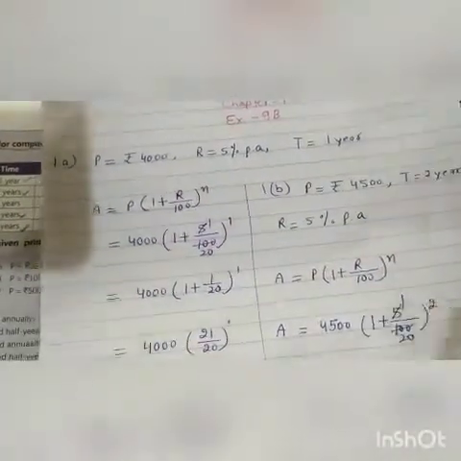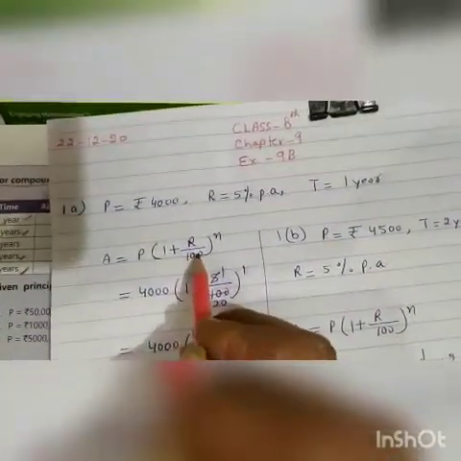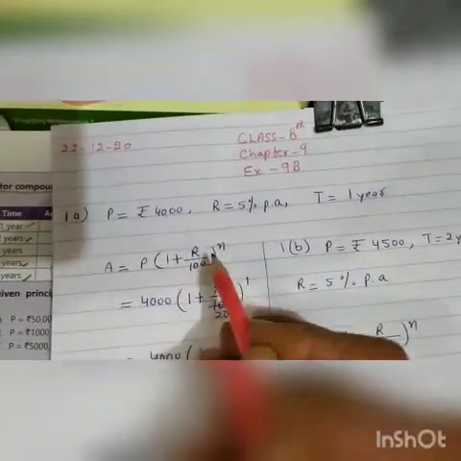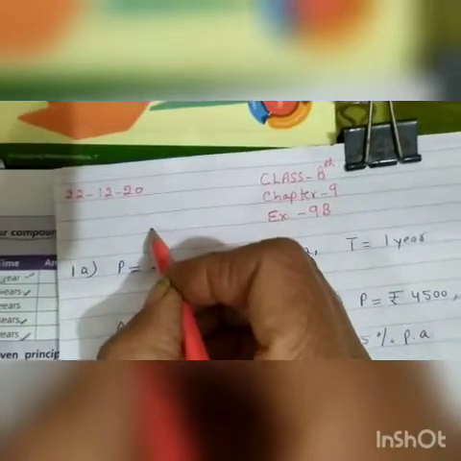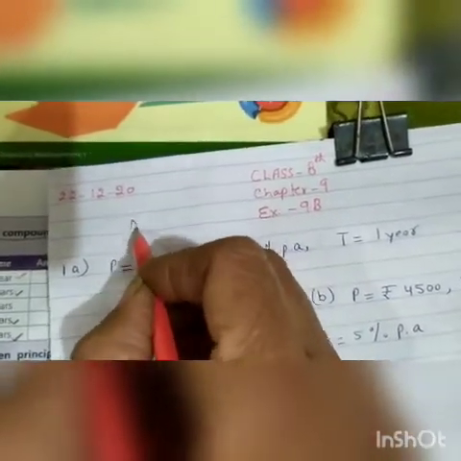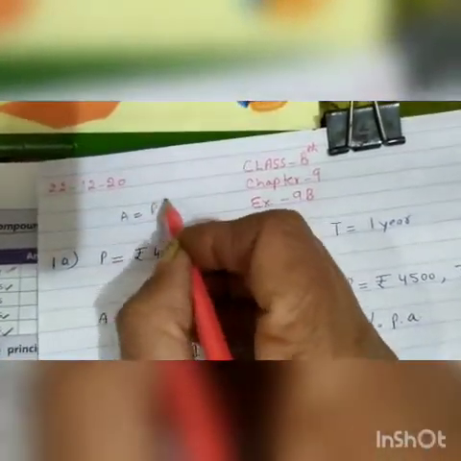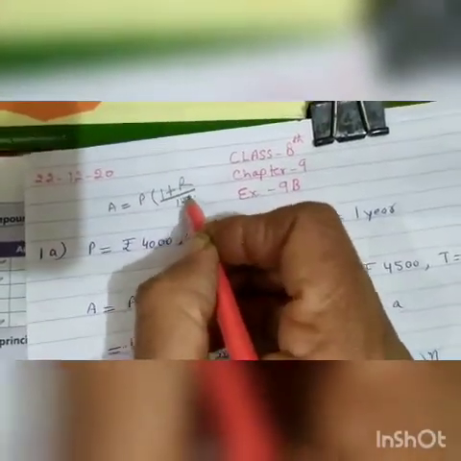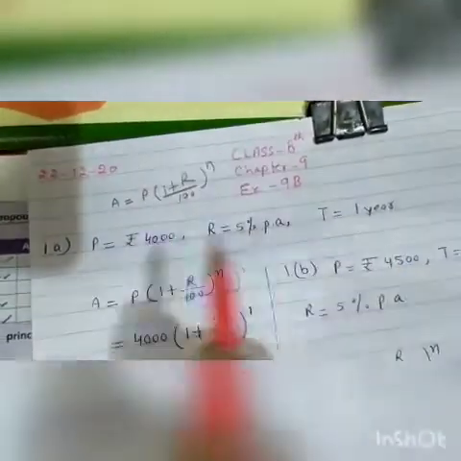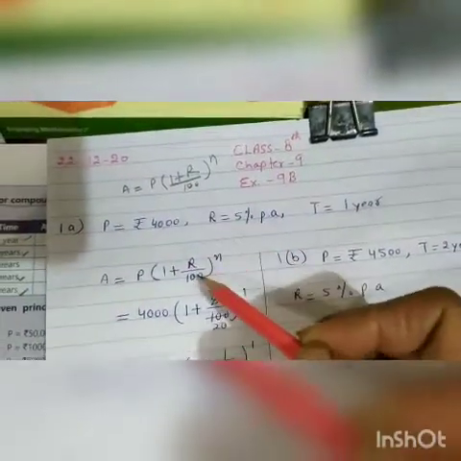Students, when you write this formula, be careful. Sometimes students make a blunder. How do they write? A is equal to P into 1 plus R upon 100 power n. What is the difference between this and this?